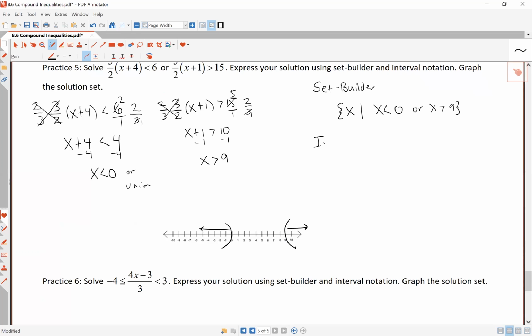In interval notation, we have the two disjoint intervals, negative infinity to 0, union 9 to infinity.